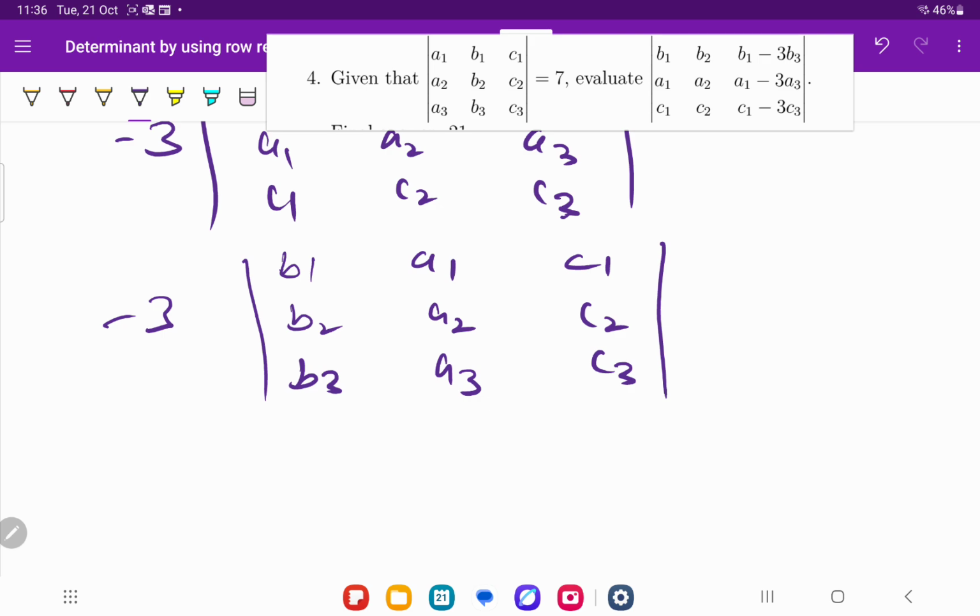Okay, and here you could see B1, B2, B3 in column 1 and A1, A2, A3 in column 2.